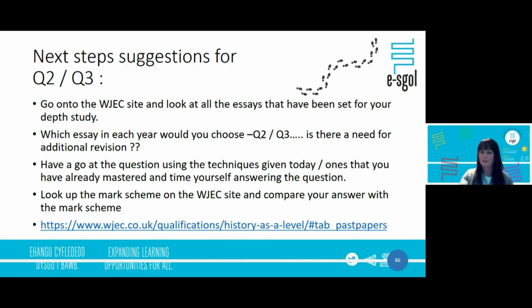Have a go at the question, use the planning technique that I gave today, or maybe one that you've already mastered, and time yourself answering the question. And also look up the mark schemes on the WJEC site and compare your answer to the mark scheme. Would you have mentioned the things that are on the mark scheme? And I've got a link there for you to head off to past papers to have a look.